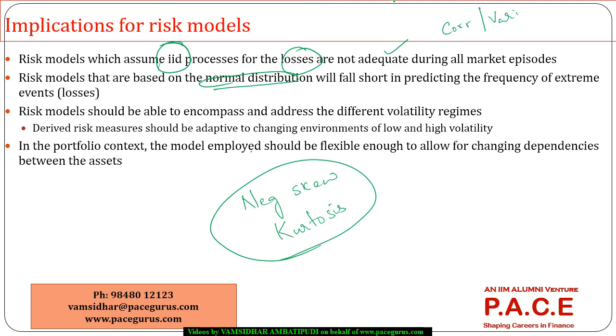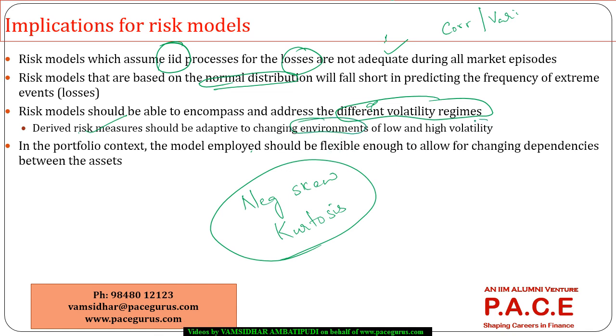Even the volatility regimes should be taken care of by the models, because the volatility keeps changing with time. So we cannot have a model where the volatility is taken as constant. All the risk measures that are getting designed should be adapting to the changing environments.